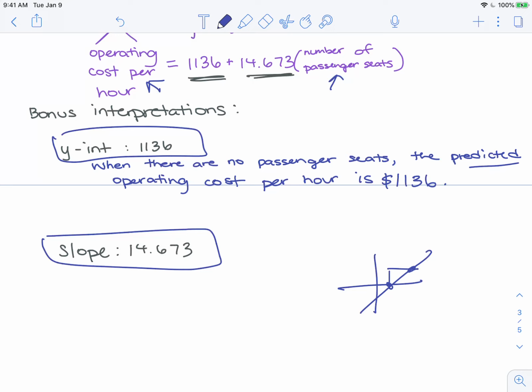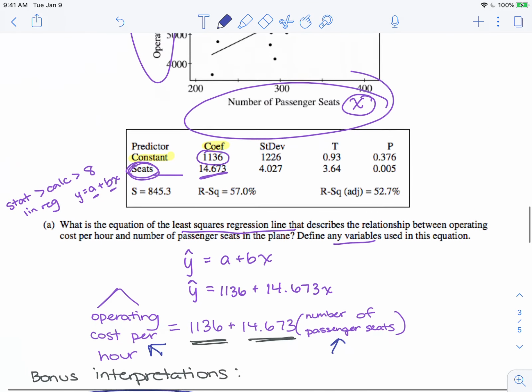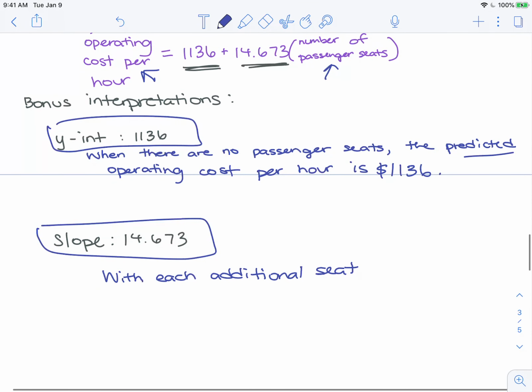Did I do that right? I have no idea. Okay, please ignore me, team. I have no idea, but rise over run, okay? So it's really late. I'm so sorry. With each additional passenger seat, like how much does the y increase by?